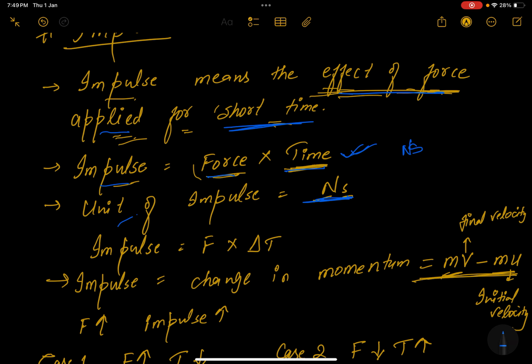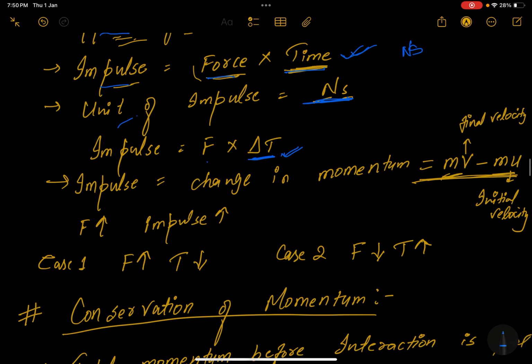And here we are talking about small time. That's why we write here delta t, small time. F into that small time is impulse. According to Newton's second law, if you remember, it is change in momentum.